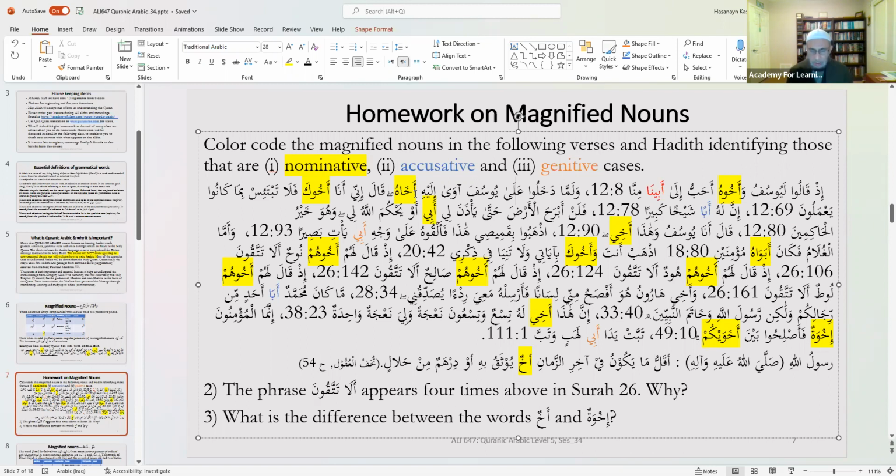Okay. I have to check here what it means.